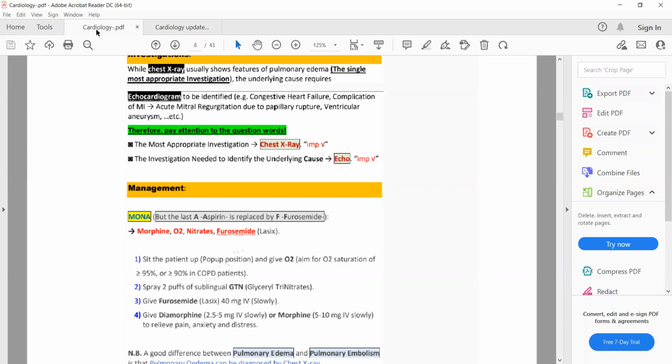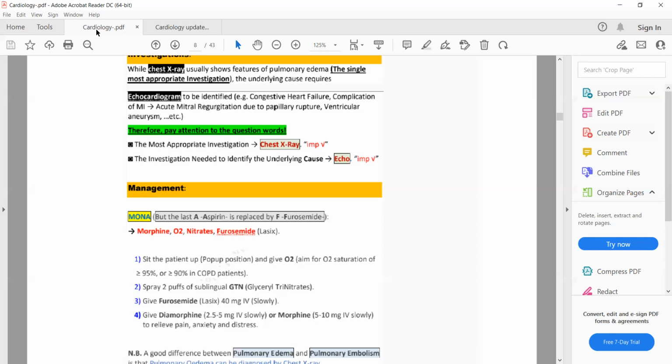So basically it can increase cardiac output. Then we can give furosemide, by the name Lasix, 40 milligram IV, and morphine or diamorphine to relieve pain, anxiety, and distress that is associated with shortness of breath or dyspnea.